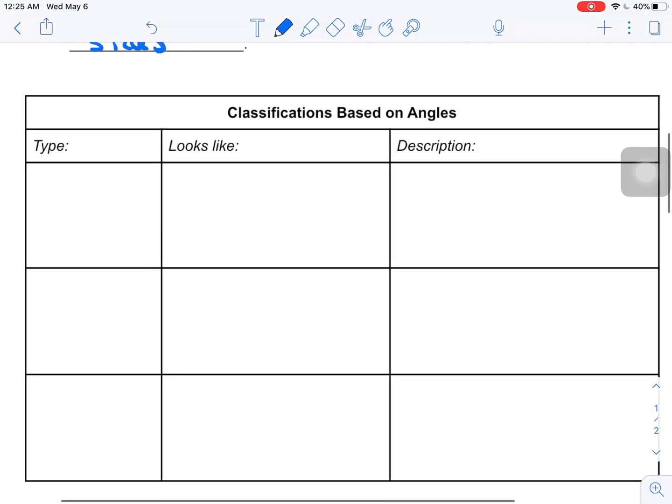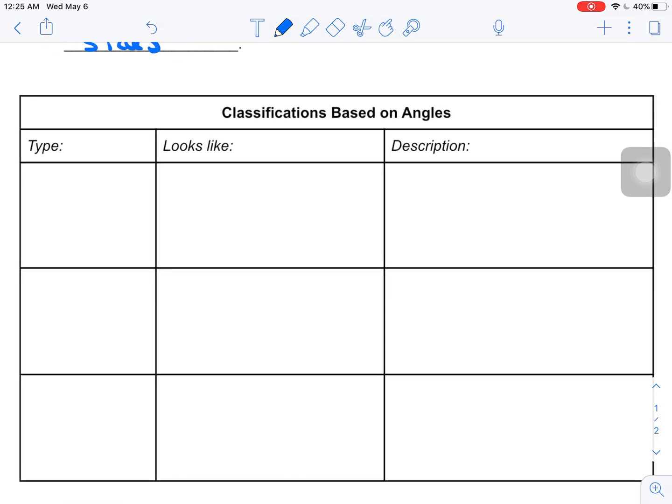So there are 3 ways that you can classify a triangle. And we're actually going to start with the description, and then we'll talk about the name and what it looks like. So if I have a triangle with all angles, so remember all angles would be all 3 angles because a triangle has 3 angles, all the angles are acute.